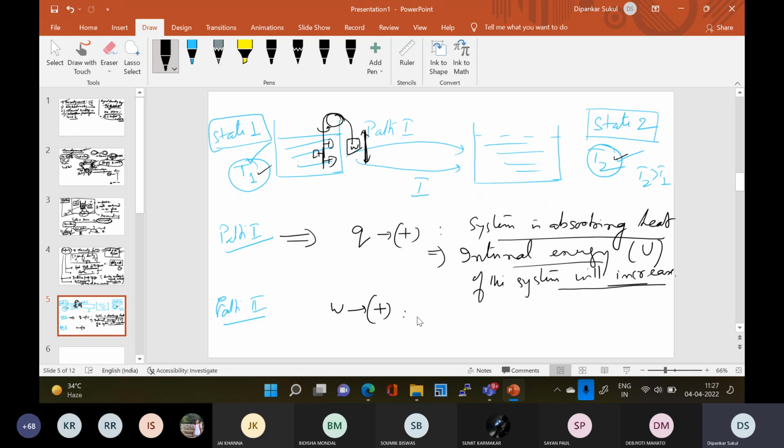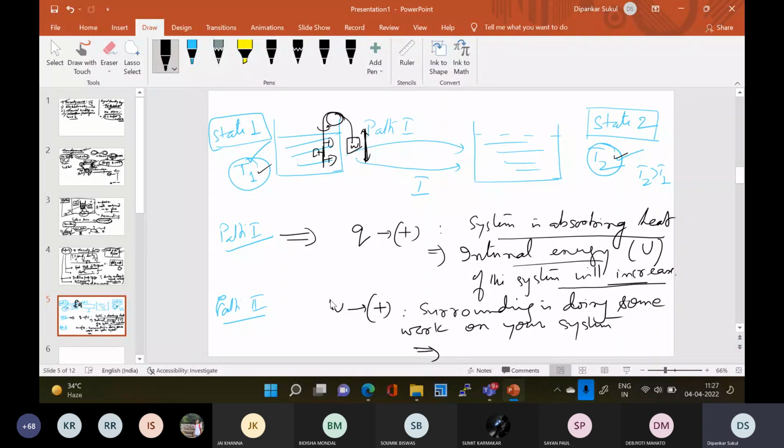W positive means the surrounding is doing some work on your system. And again, as a result, when the surrounding does some work on your system, the internal energy of the system will increase.